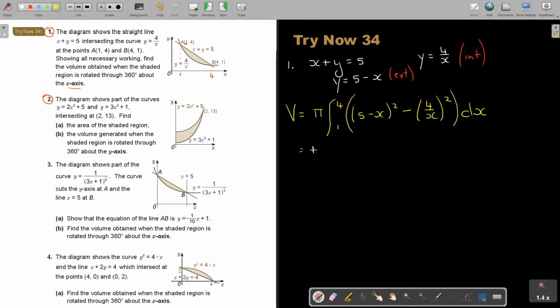I think the best is first to get it ready. So it's going to be 4 and 1. If I square the first term, this is going to be 25. Then multiply with each other, multiply by 2, so it's negative 10x plus x squared minus 16 over x squared.